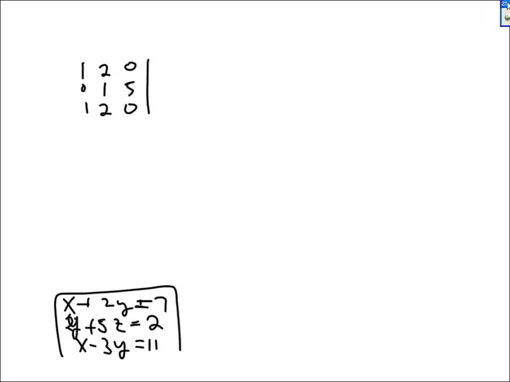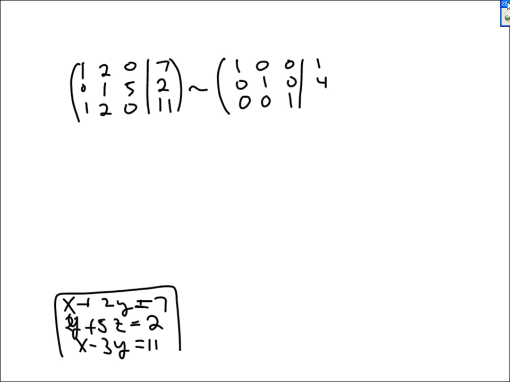Suppose you wanted to solve this. Now you have two ways. You could reduce this, and let's just suppose for argument's sake it reduces to this: 1, 4, 5. Well, this would tell you the answer. x is 1, y is 4, and z is 5.